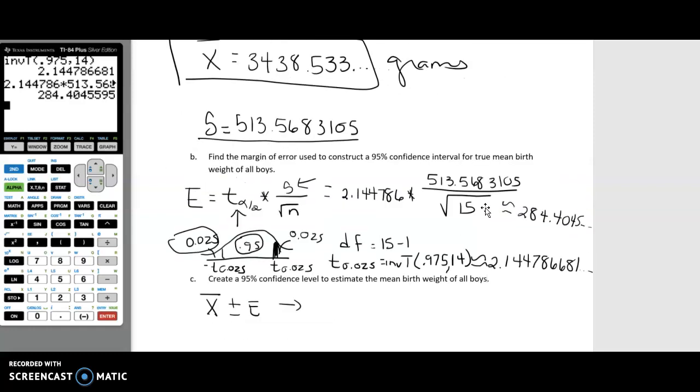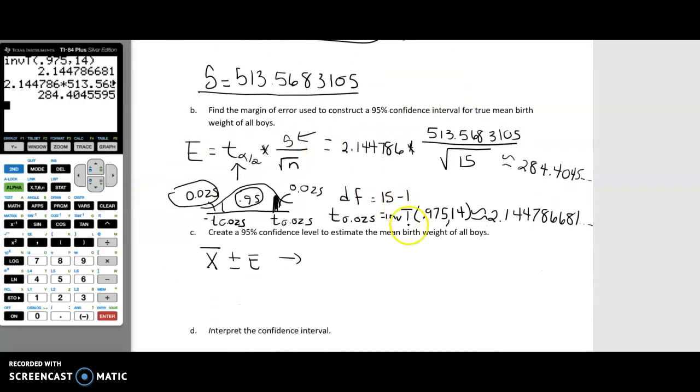X-bar, we found in part A, was 3,438.53 plus or minus your margin of error, which was 284.40 from part B. To get your lower limit and your upper limit, you just add and subtract those numbers.